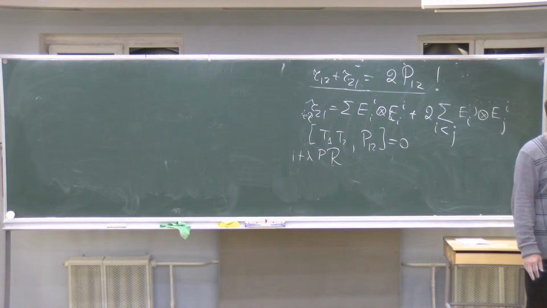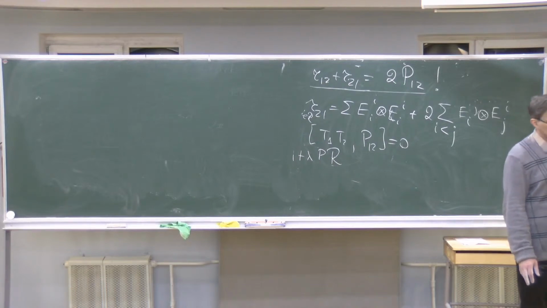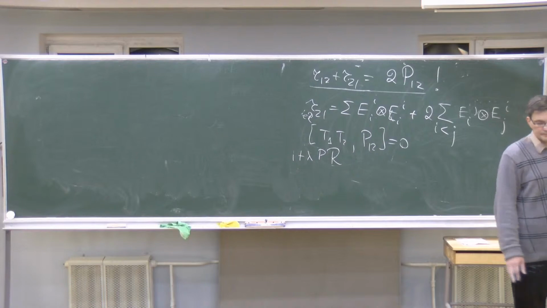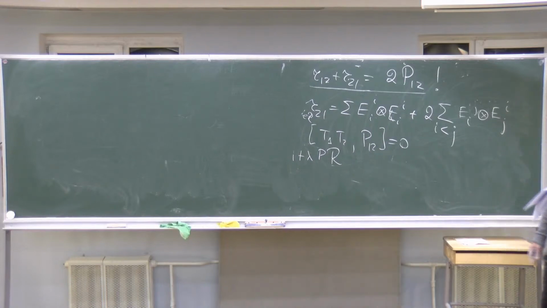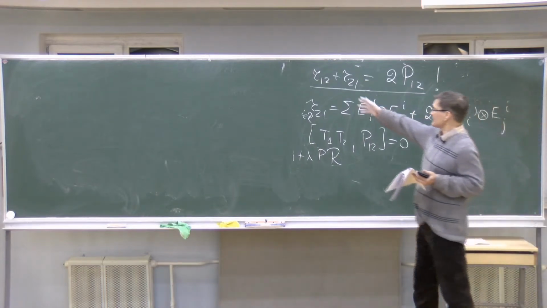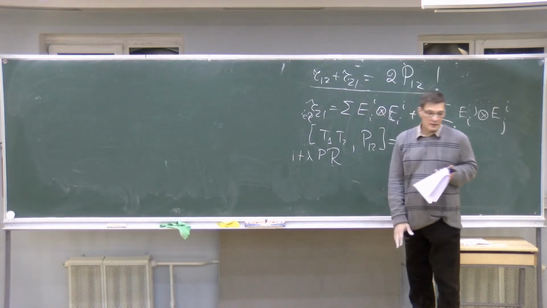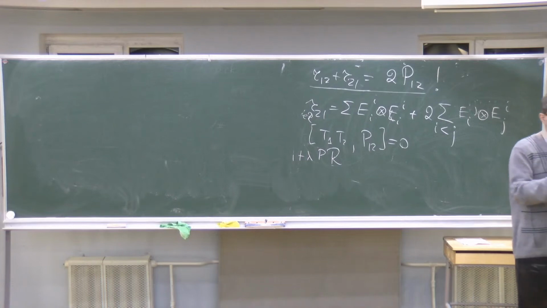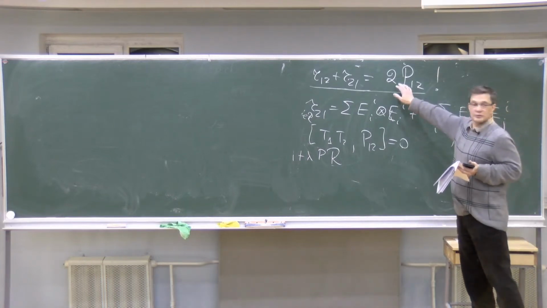I mean, is the transcendence degree always 1, or maybe bigger? No. If you impose on the matrix R that it commutes with T1, T2, it is not obligatory equal to this one.